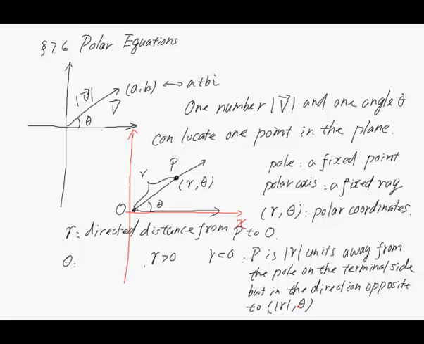Now, let me give you some examples about the polar coordinates and see how we use all those polar coordinates to locate the points on this plane. So we first have the pole and then the polar axis. For example, we need to locate the point with 2 and pi over 4 as the polar coordinates.